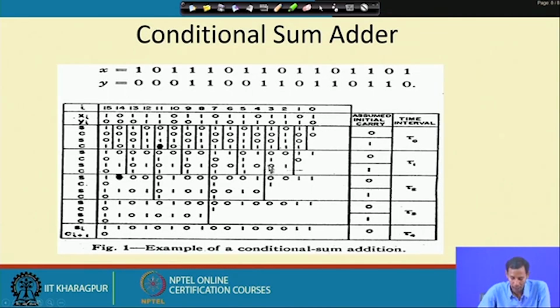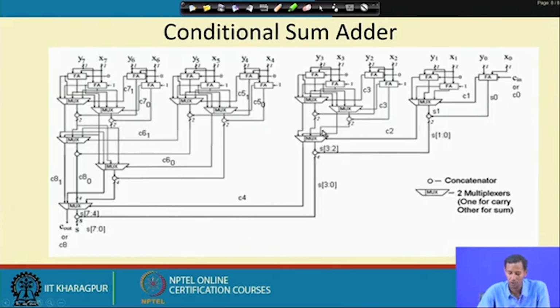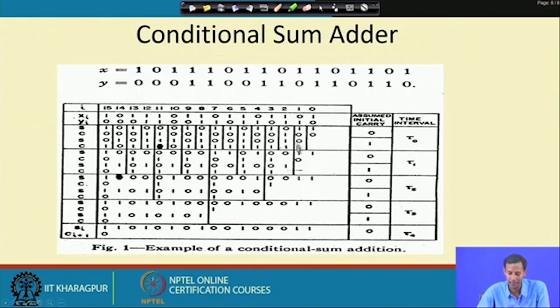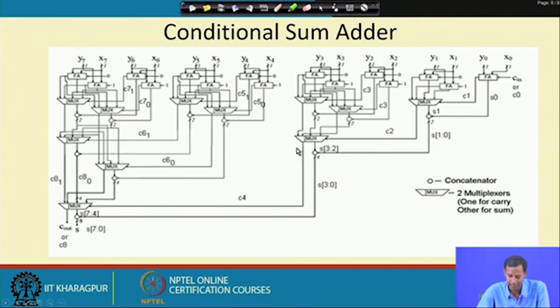Now among which set will I choose? It will select 0 1 or 0 1 based on this particular signal. What was my C 2? C 2 is coming from this particular point. C 2 is 0, so it will select 0 and 1 over here. So, the carry output bit or C 4 value is 1 here.